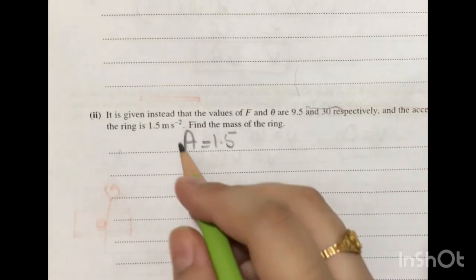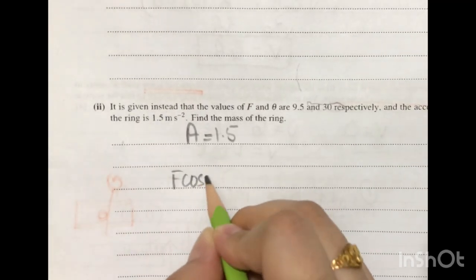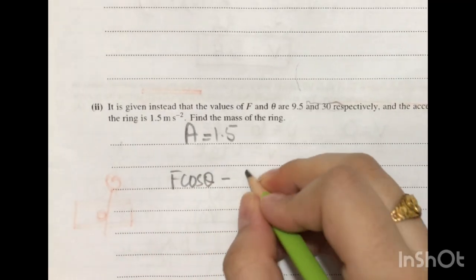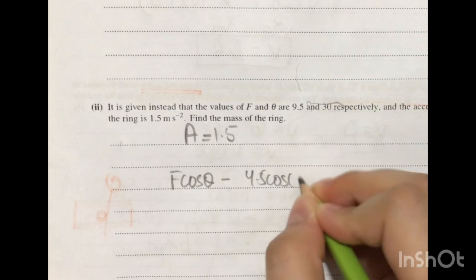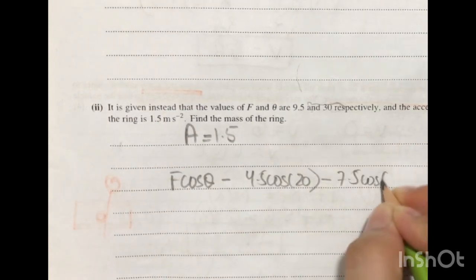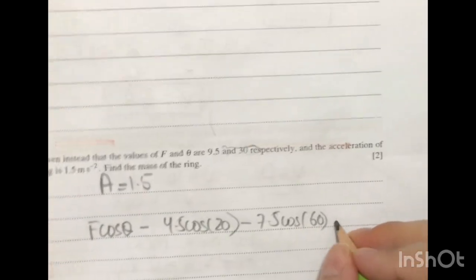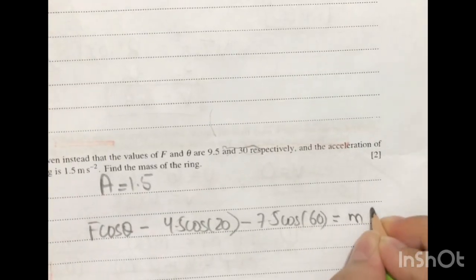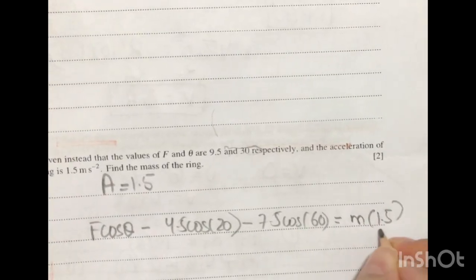So we can write this as f cos theta minus 4.5 cos 20 minus 7.5 cos 60 is equals to the mass, which we have to find, times 1.5, which is the acceleration.